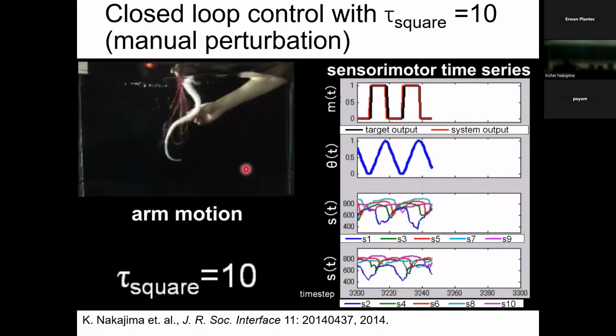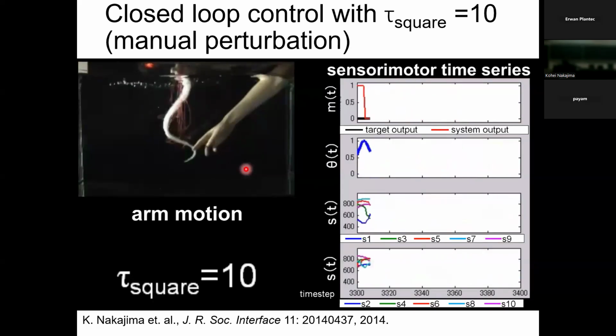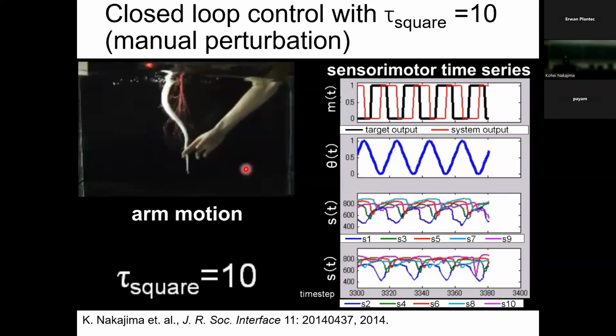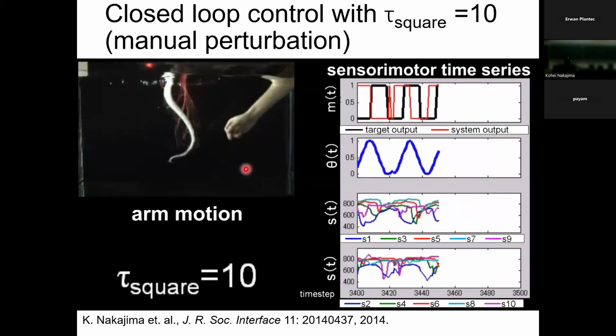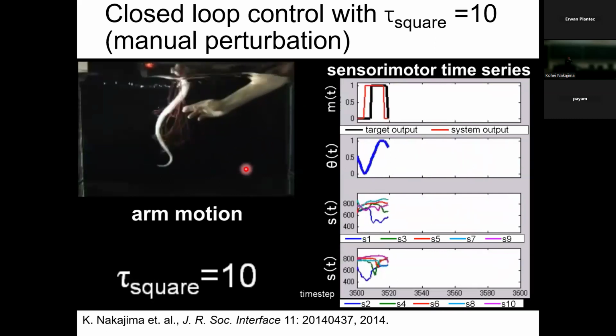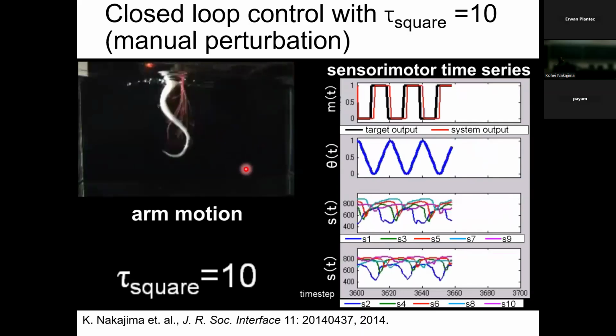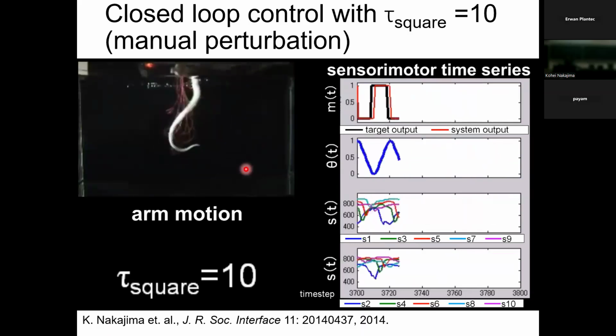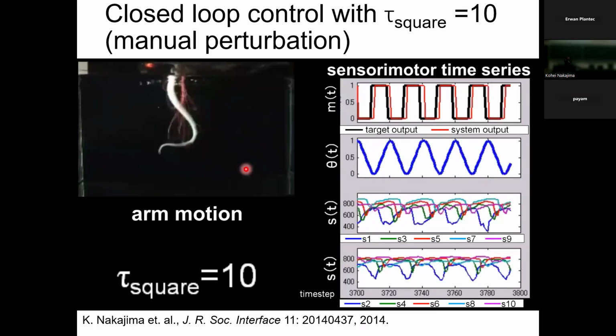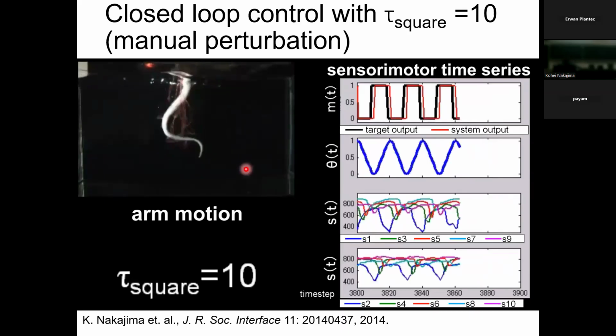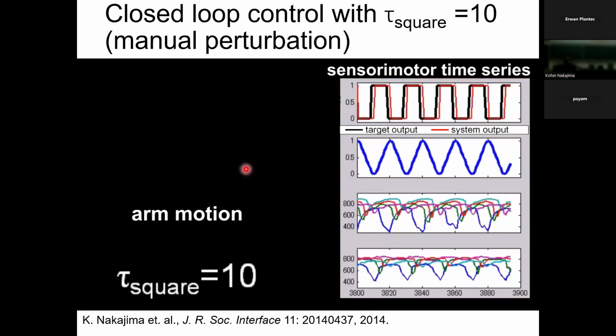When you perturb, because the motor command is directly perturbed, of course it fluctuates, but after stopping this manual perturbation, it goes back to the original orbit. So basically the embedded closed loop control is robust.